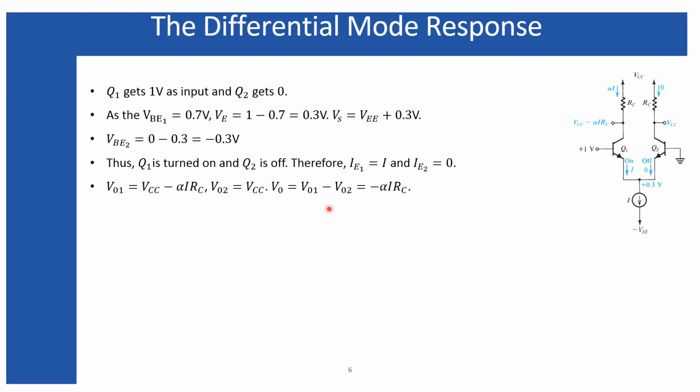So the total output voltage is V01 minus V02, which is equal to minus alpha times I times RC. This is the differential voltage that you will have when you apply the input voltage at the input of the transistor Q1.